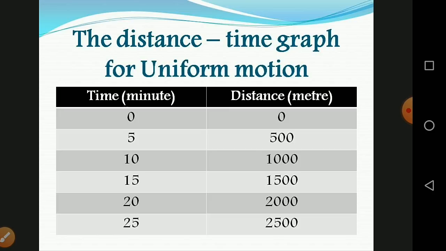For time 0, 5, 10, 15, 20 and 25 minutes, the distance covered is 0 at the starting point, 500 meters in 5 minutes, 1000 meters, that means 1 kilometer, in 10 minutes, 1500 meters in 15 minutes, 2000 meters, that means 2 kilometers, in 20 minutes, and 2500 meters in 25 minutes. A graph is drawn by taking time along the x-axis and distance along the y-axis.